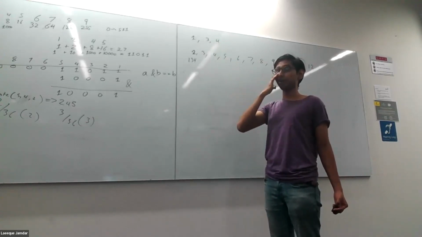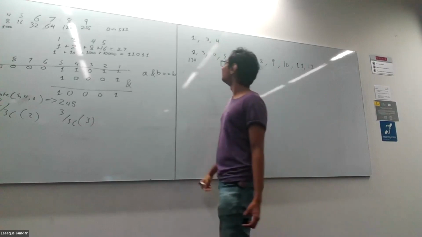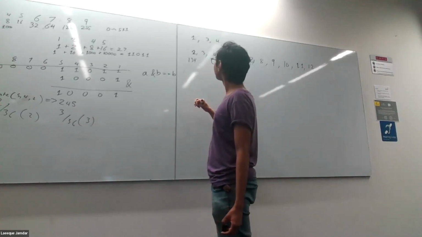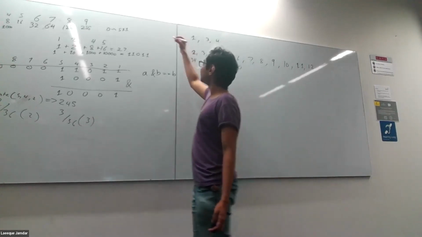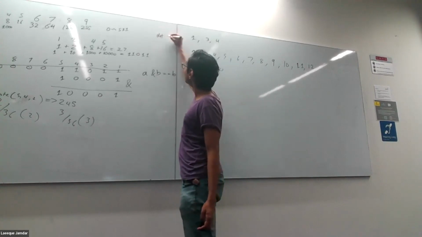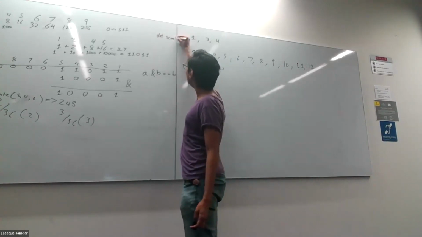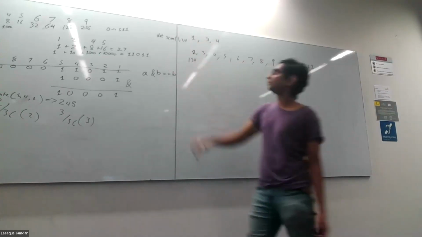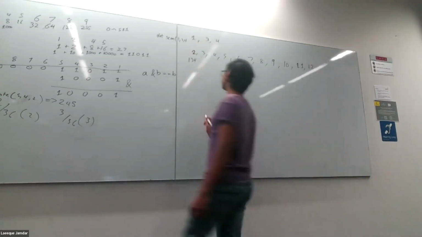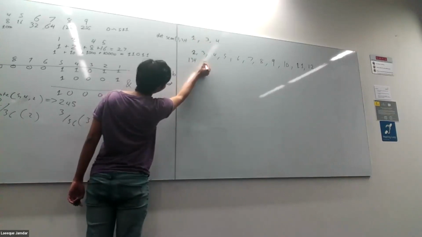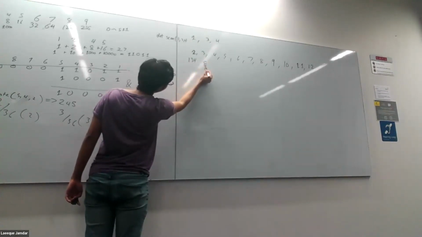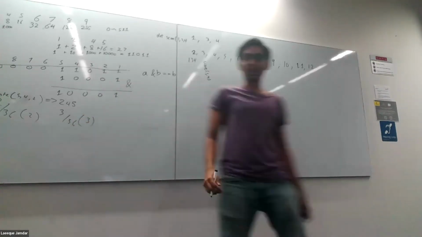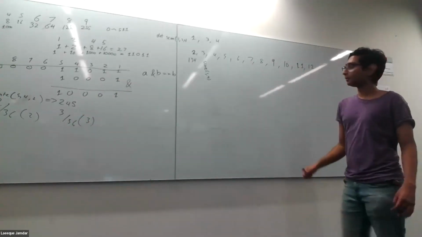I am not going to do that yet, but I'm going to call this function def score, and I'm going to say that I call it recursively at this point.